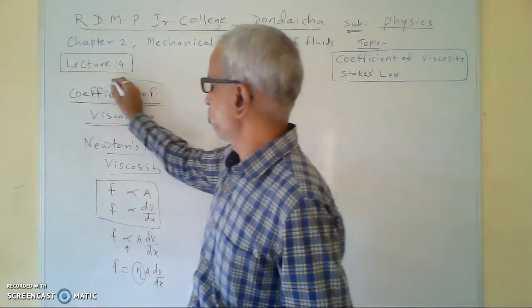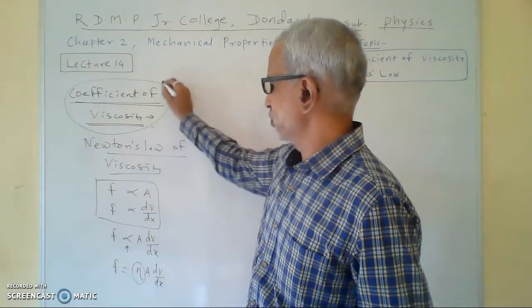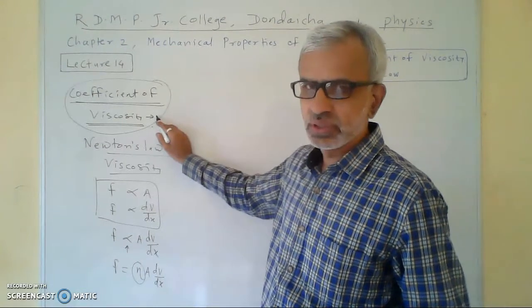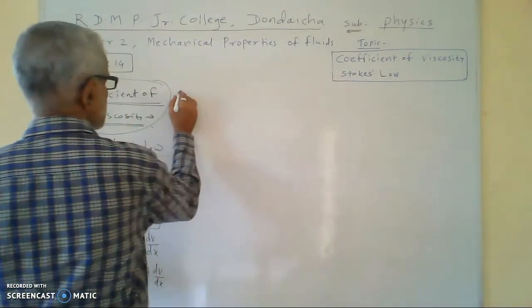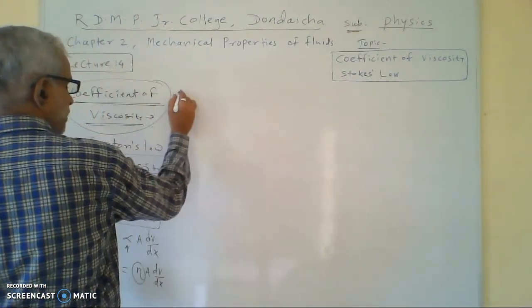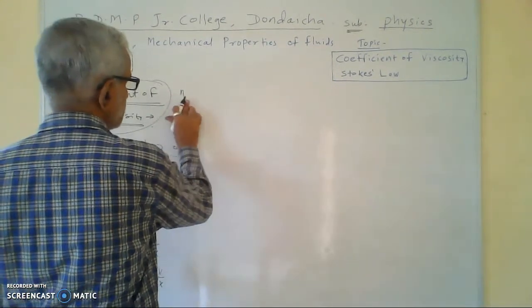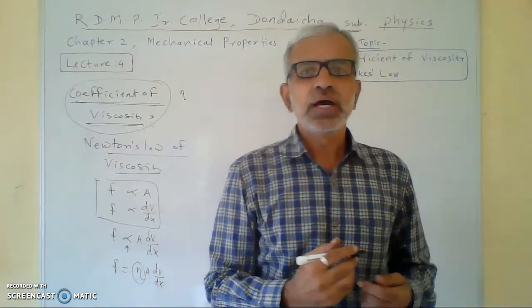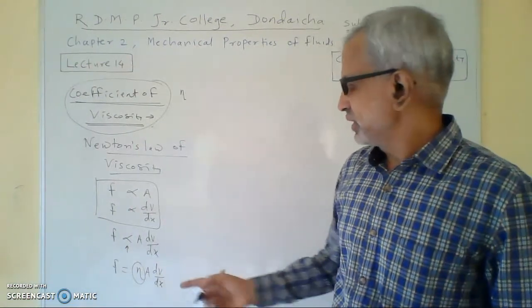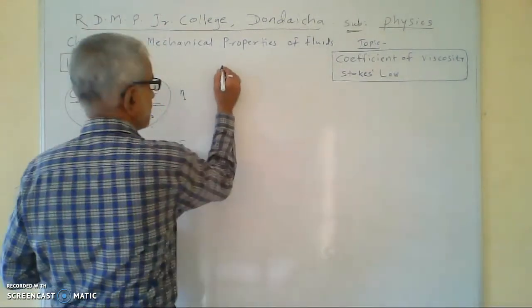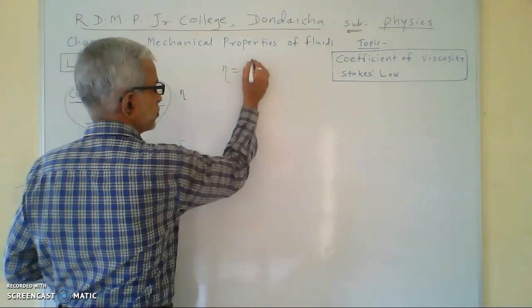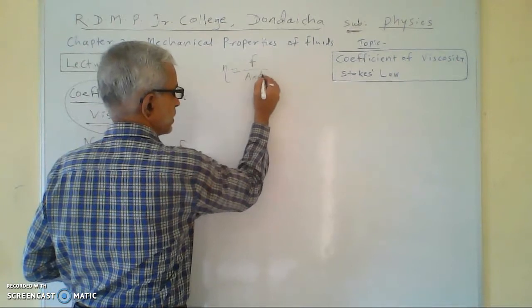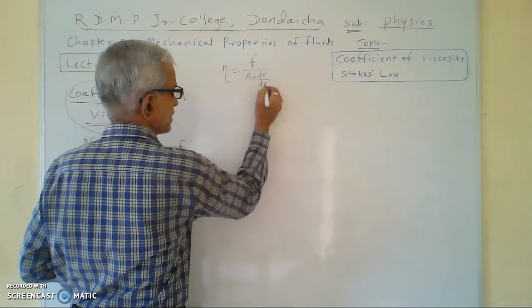This is our today's topic, coefficient of viscosity, and this eta is the symbol of coefficient of viscosity, and eta is given by eta equal to F upon A into dV upon dx.